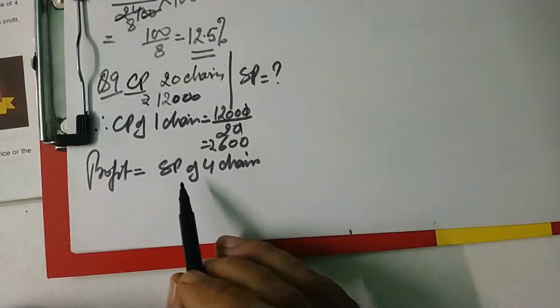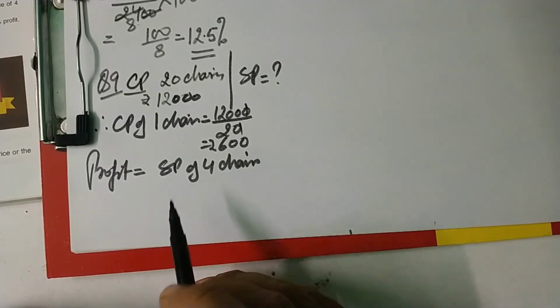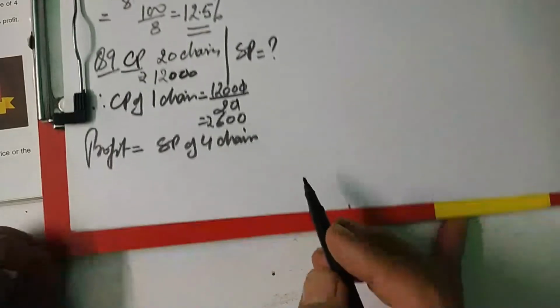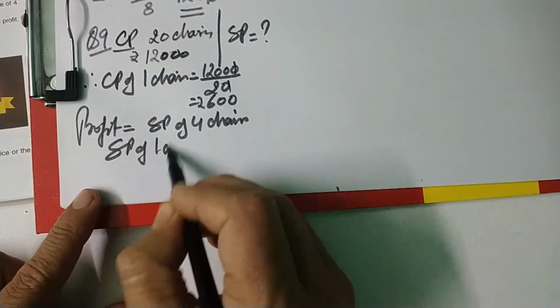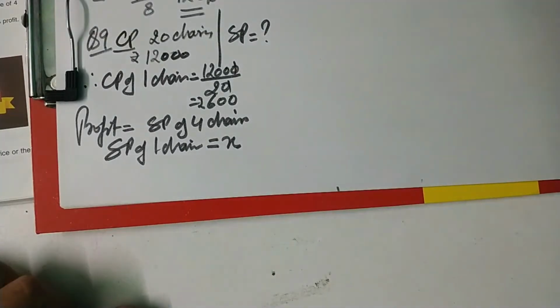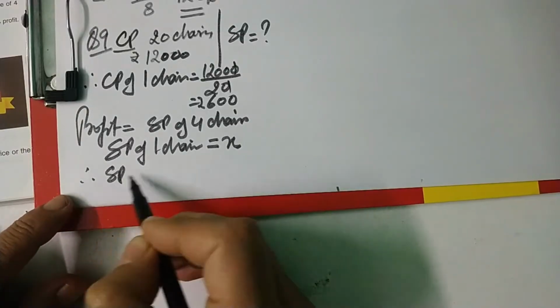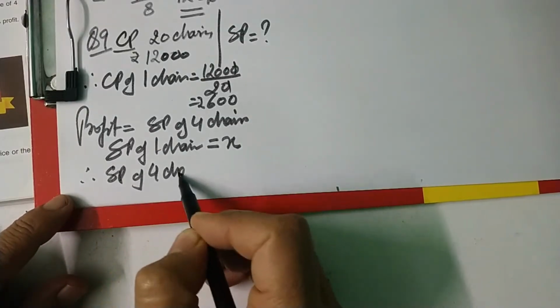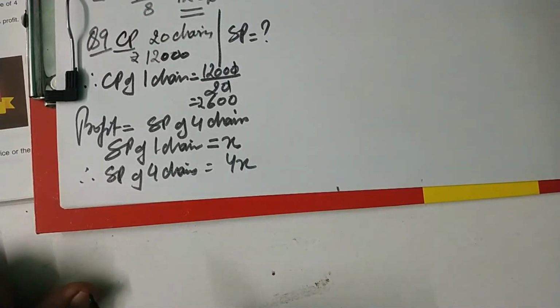We don't know the selling price of 4 chairs, but we can suppose the selling price of one chair is X. So if the selling price of one chair is X, therefore the selling price of 4 chairs will be 4x.